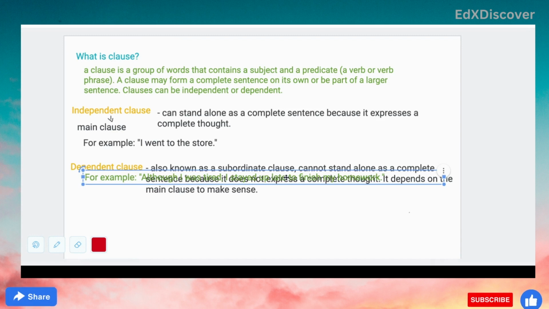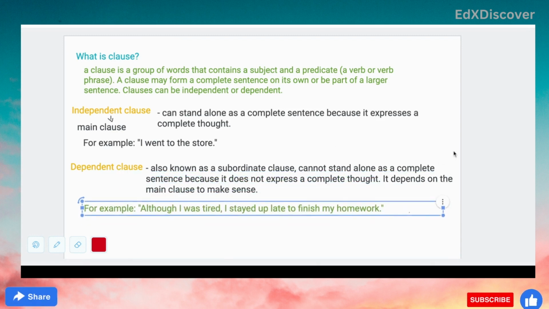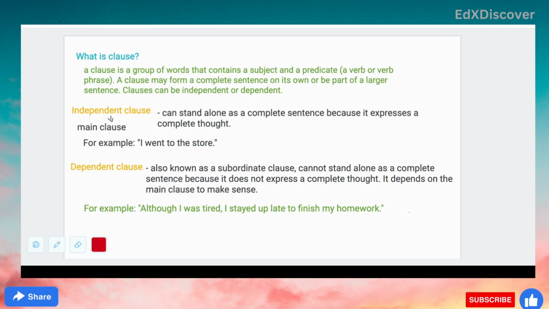From this we can easily find which one cannot stand alone and which one depends upon the main clause. So here we can say, although I was tired, it cannot stand alone as a sentence. Do you think this alone can stand as a sentence? Although I was tired?